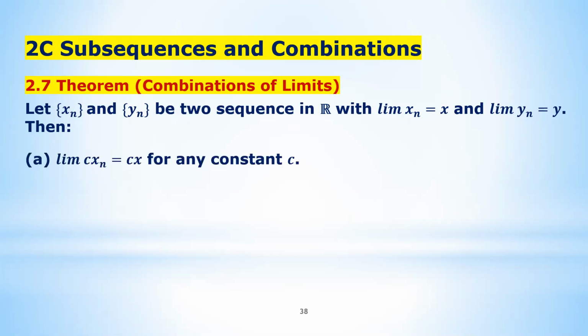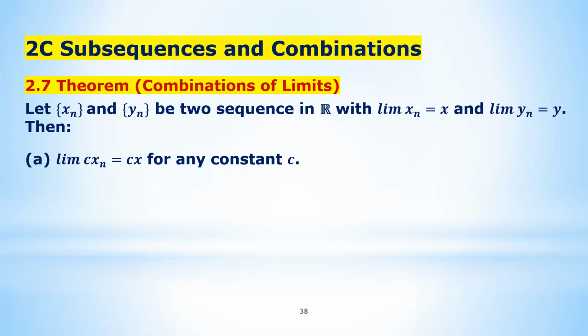There are four parts in this result. First, in the first result, we just think about one sequence, x_n. From x_n, I can create a new sequence.